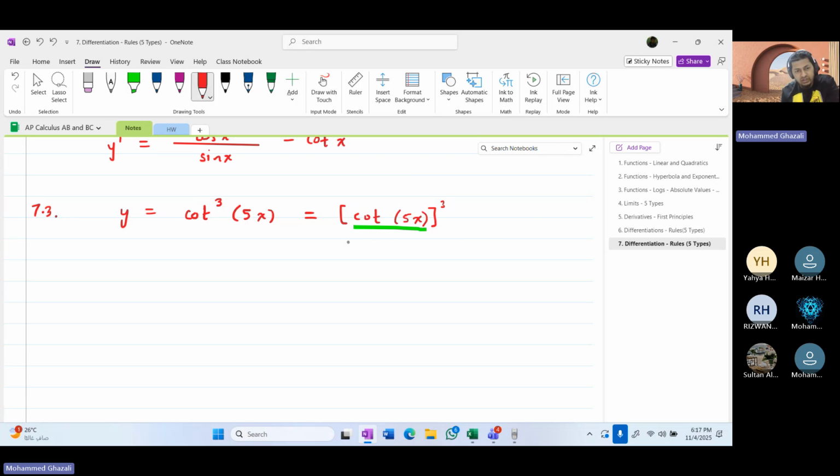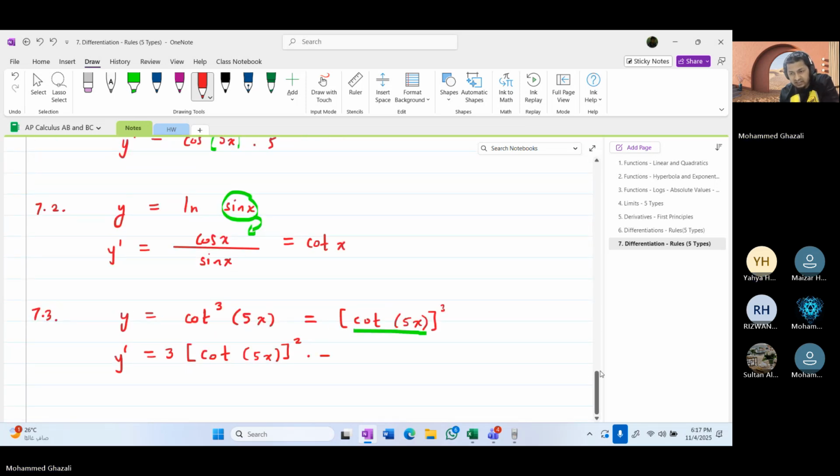So it's chain rule and trig together. When we say y prime, you say 3 times 1, that's 3 cot 5x all squared. I took away 1 from the power. Now all I've got to do is differentiate the inside function, which is cot 5x. What was the derivative of cot?